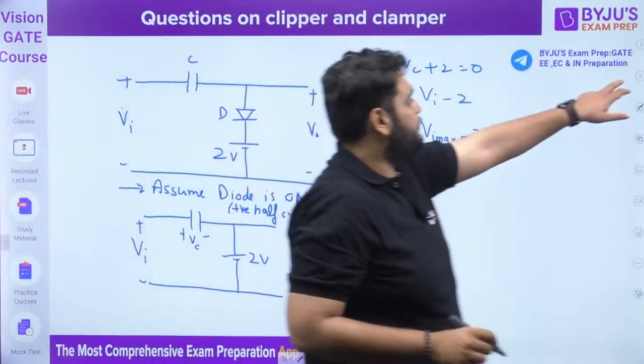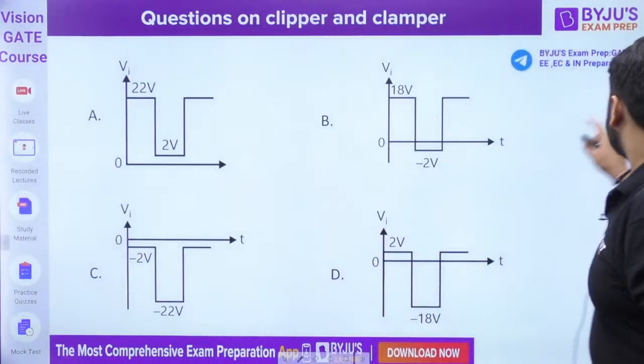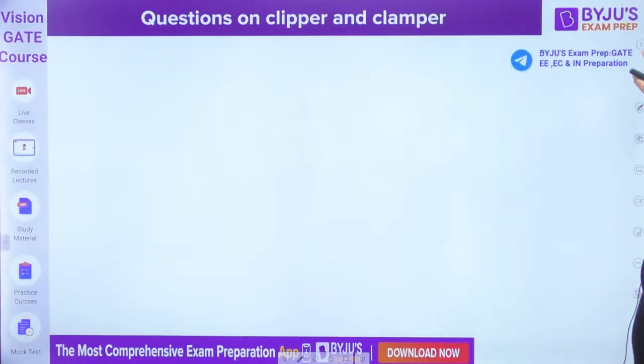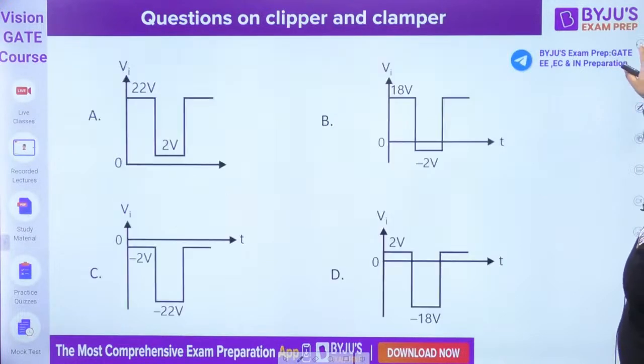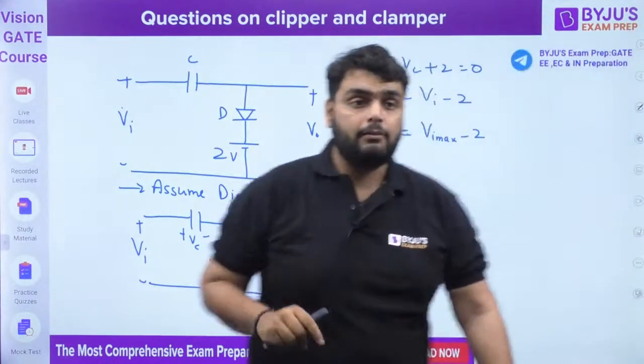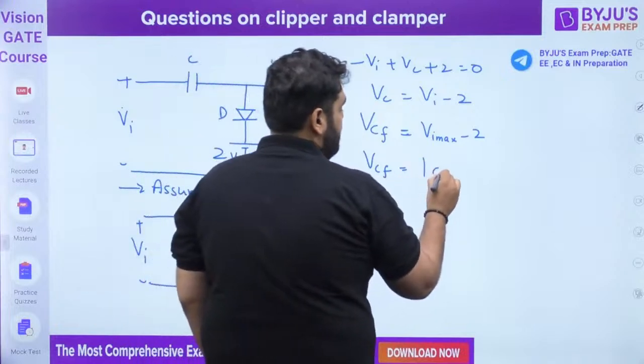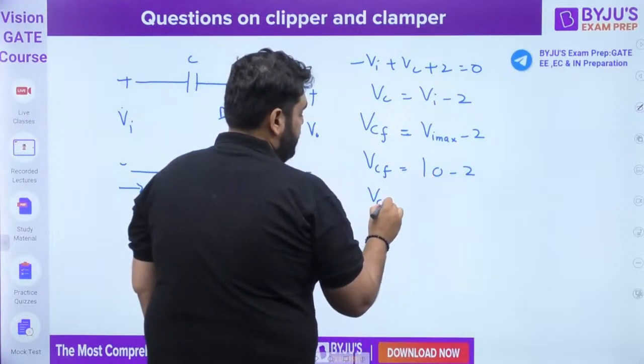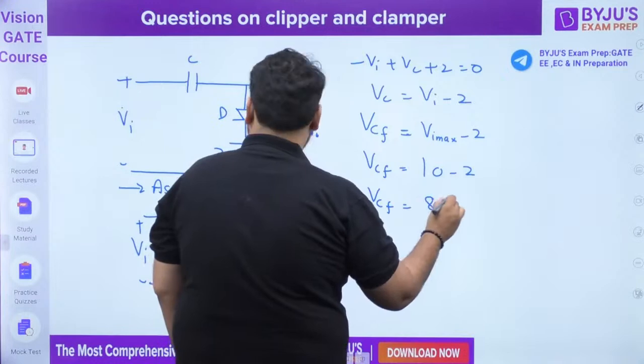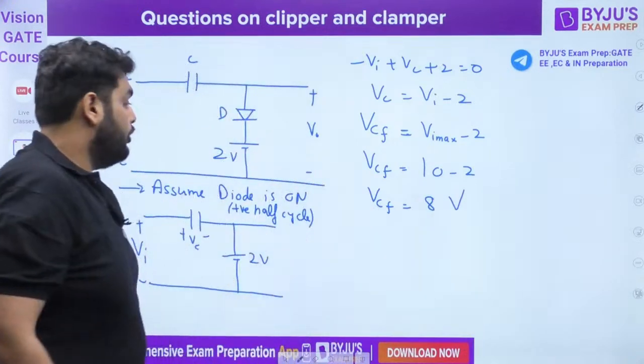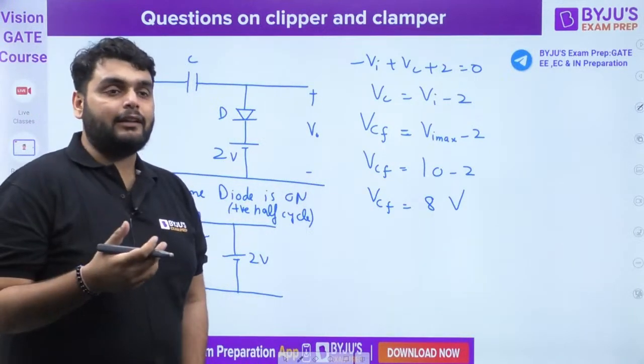What is the input voltage? It is 10 volt. So VI max will be 10 minus 2. VCF is equal to 8 volt. Understood? This is the final capacitor voltage.